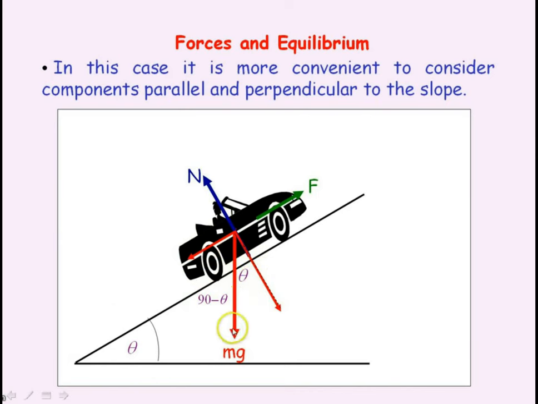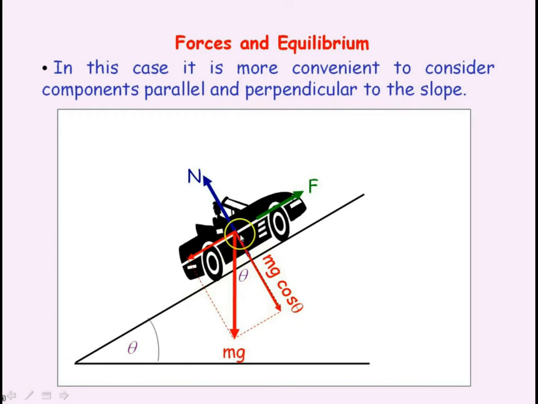So now what I'm going to do is resolve the weight into the parallel and perpendicular components. If we consider the perpendicular component first, you can see this component is adjacent to angle theta. Our weight mg is representing the hypotenuse, so we've got adjacent and hypotenuse, and we need to use the cos term. So our perpendicular component will be mg cos theta.